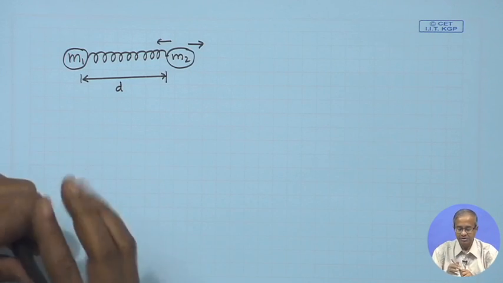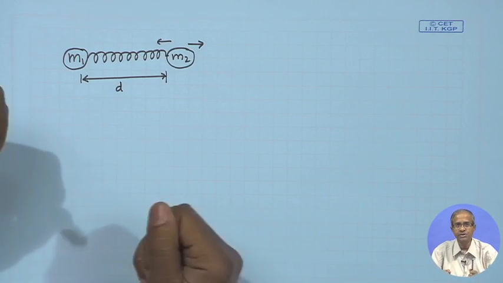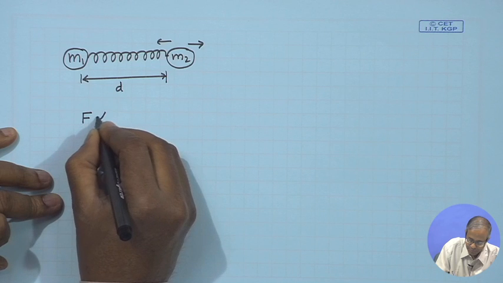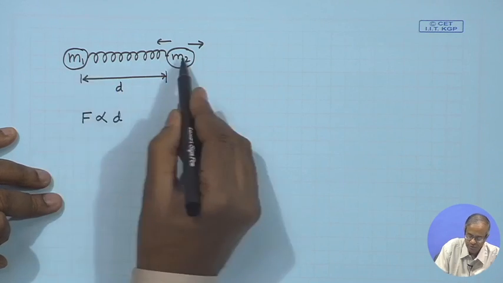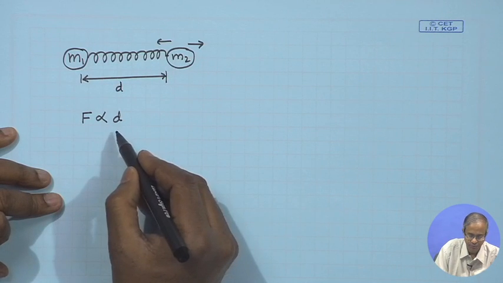So, whenever I pull or push a spring, a force is exerted which tends to move it back in the other direction, right. So, the force exerted on the spring is proportional to the distance that separates the two ends of the spring, this M1 and M2.